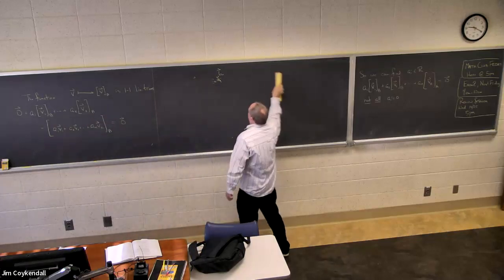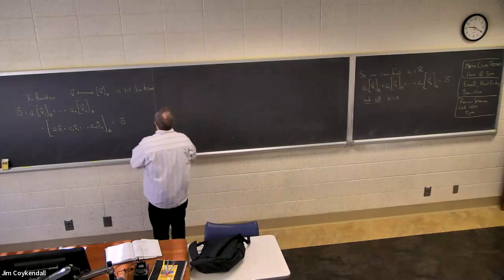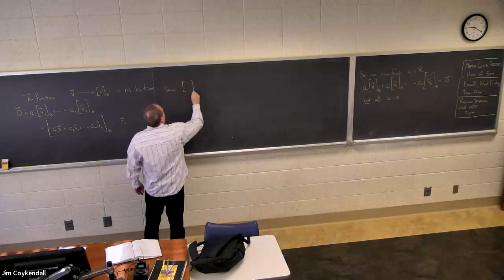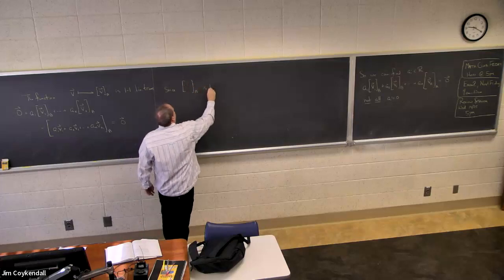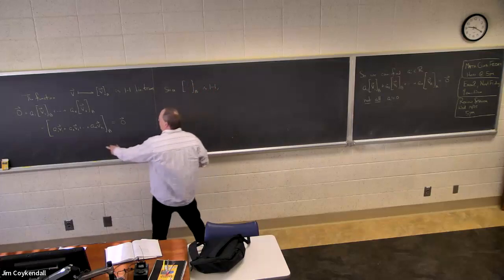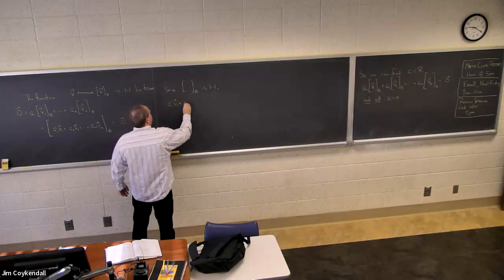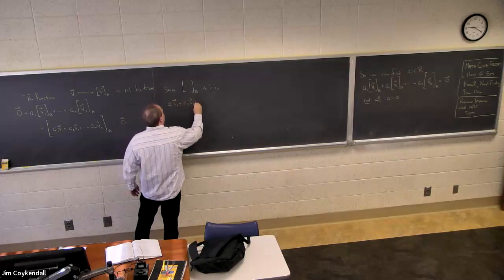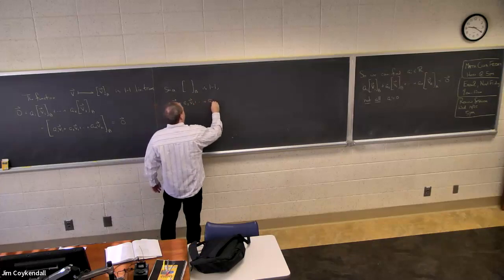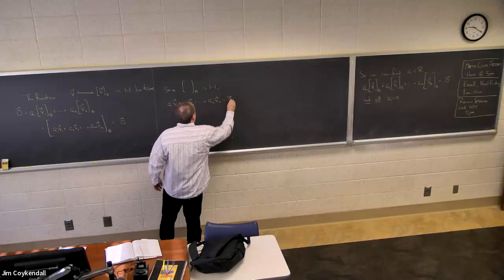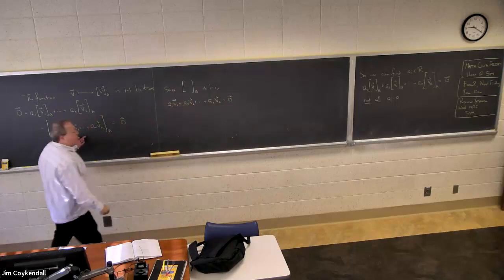But since this linear transformation is 1-1, since this association is 1-1, this means that this must be 0. Why is this 0?